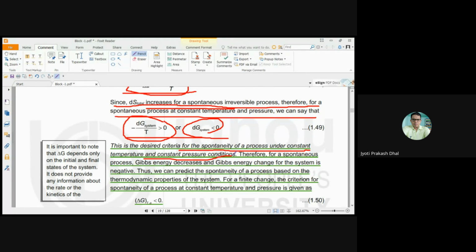But when the process is carried out at constant temperature and constant pressure, this is the criteria of spontaneity of the process, that is dG system less than 0. That means the value of dG system should be negative.